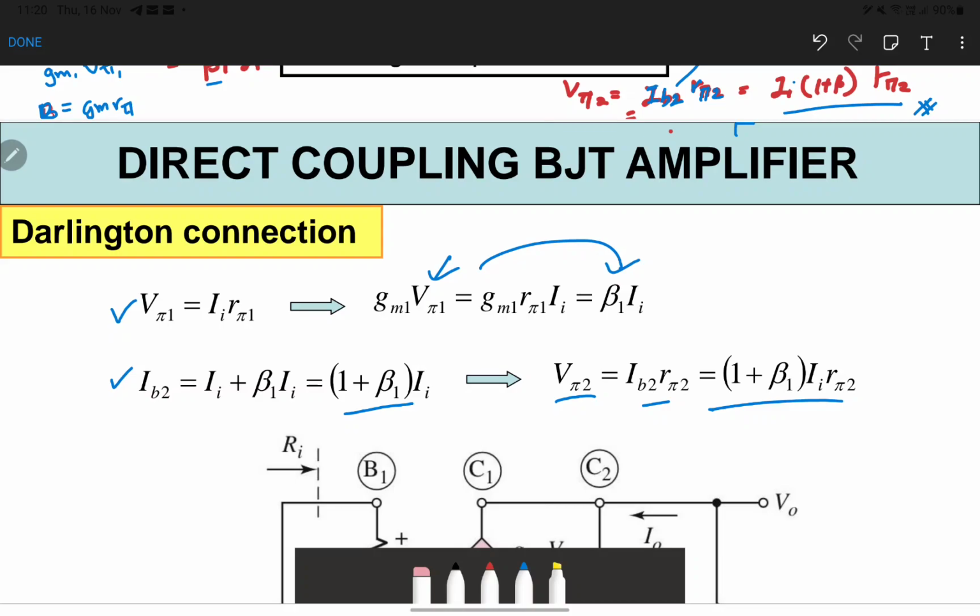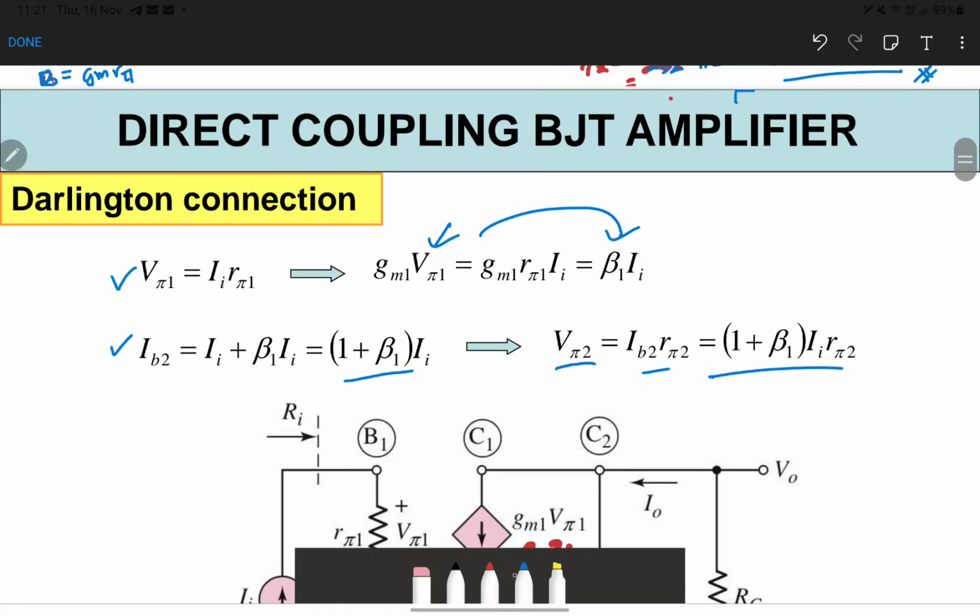From the previous configuration, we know V pi 1 is equal to I R pi 1. So from V pi 1, we can replace inside the gm V pi 1, so we get an equation for gm V pi 1 equal to beta 1 I. It's also together with IB2. The IB2 we just found is equal to the total current I plus beta 1 I.